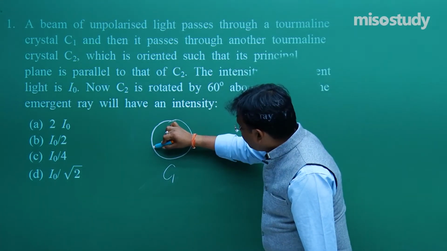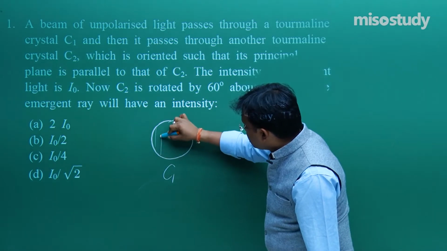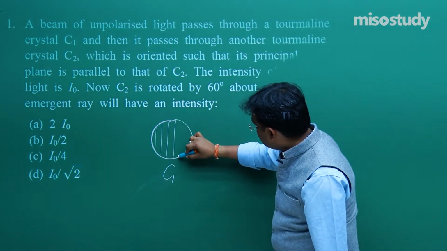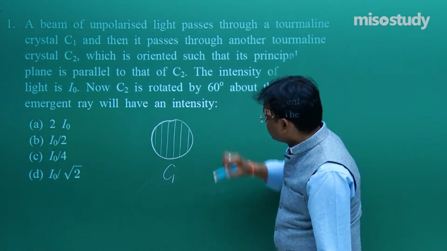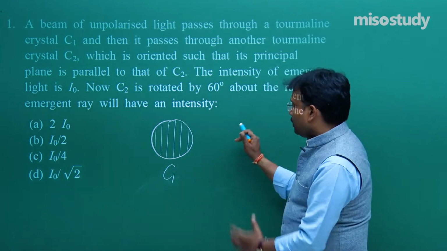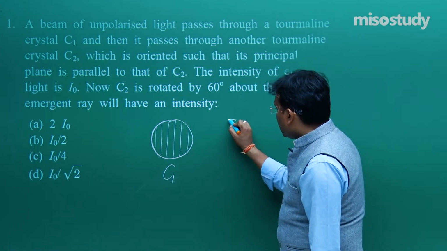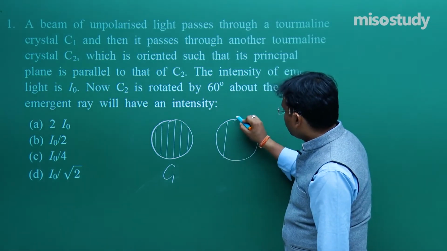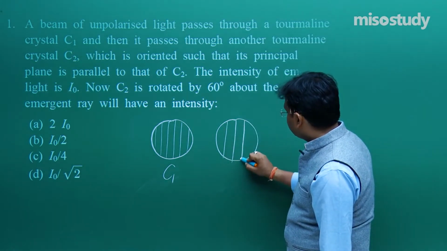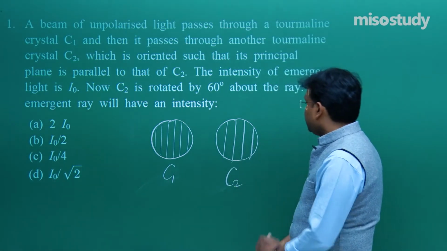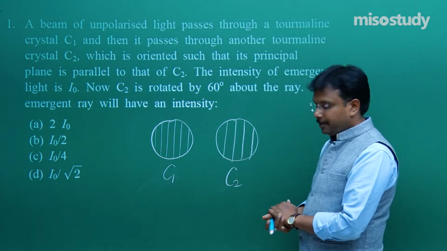Now, the possibility is like this, the axis is oriented in this fashion. Another is also like this, this is C2. What are the possibilities?